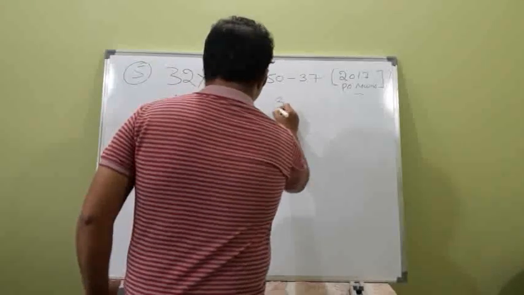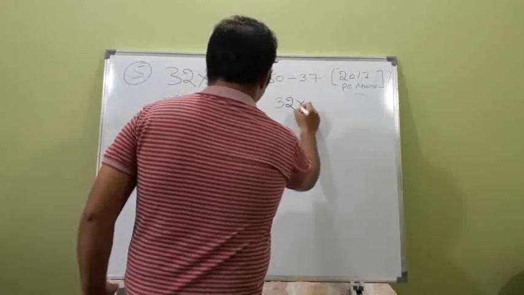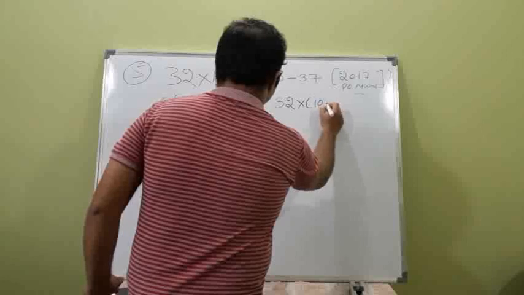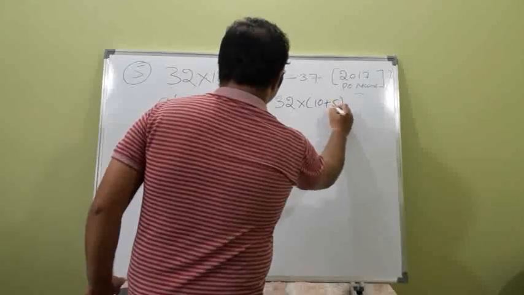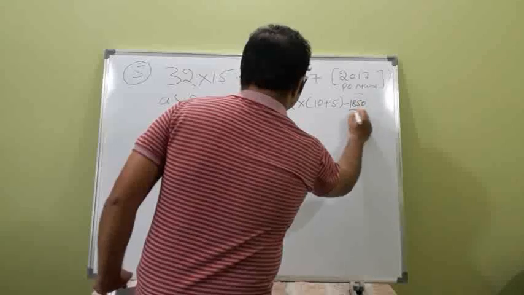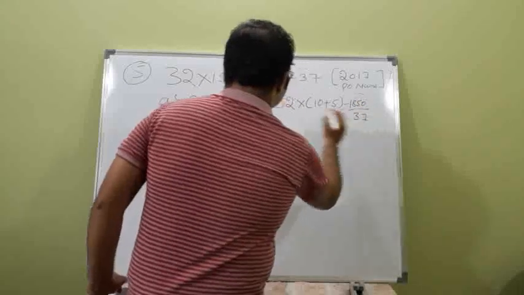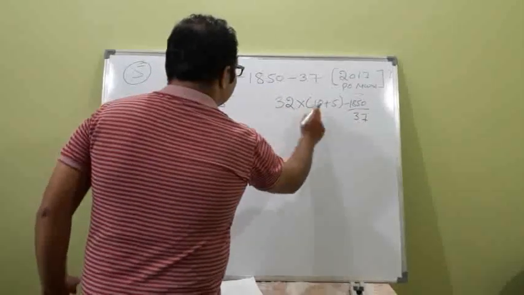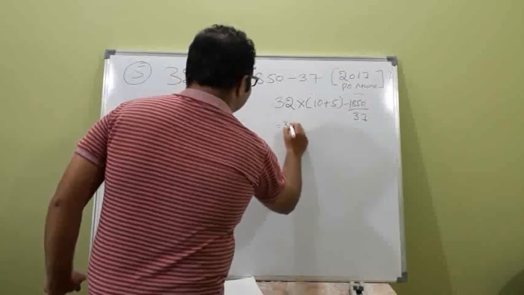32 into 15 can be split as 10 plus 5 for our easy convenience, minus 1850 divided by 37. Okay, 32 into 10 is 320.